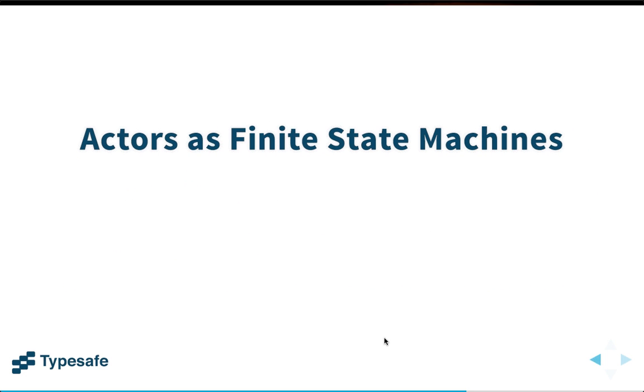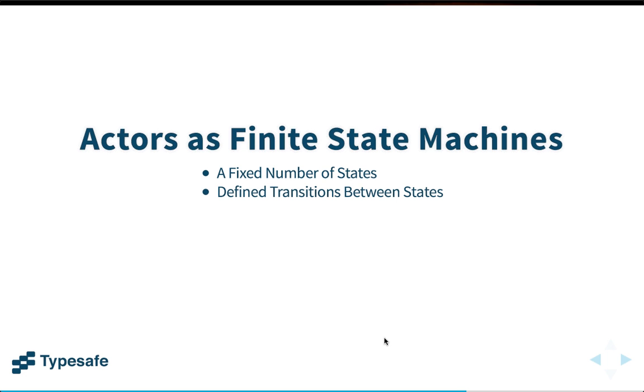Since going through protocols or other kinds of interactions is a fundamental thing, there's also a DSL for defining finite state machines. And that's basically when you have a fixed number of states and define transitions between those states or behaviors.